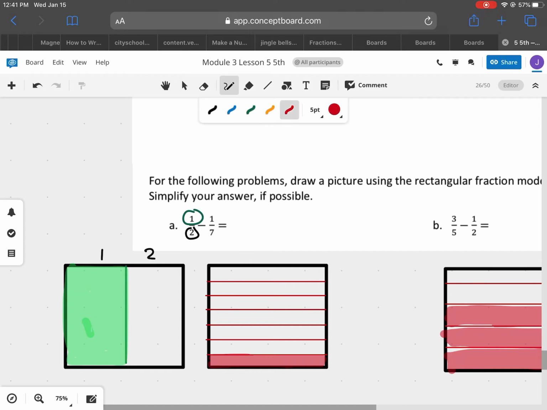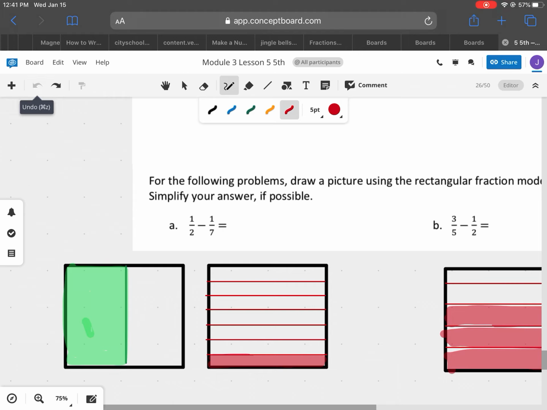Over here on the right we have 1, 2, 3, 4, 5, 6, 7 sections, and we shaded in 1 section. Alright, so that's how we get how to divide our rectangles. It's something that we did before the break, and some are forgetting how to do it. So that's a quick review.